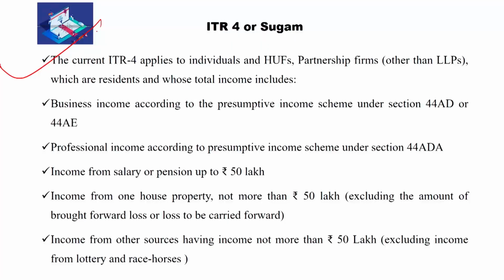The current ITR 4 applies to individuals as well as HUF and partnership firms other than limited liability partnership firms which are resident and whose total income includes business income according to the presumptive income scheme under section 44AD and 44AE, and professional income according to the presumptive income scheme under section 44ADA.